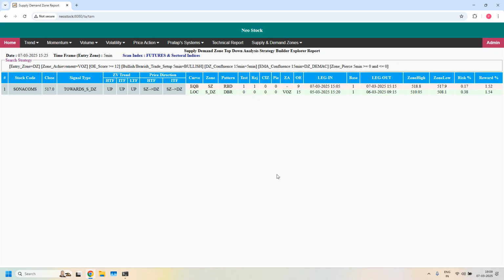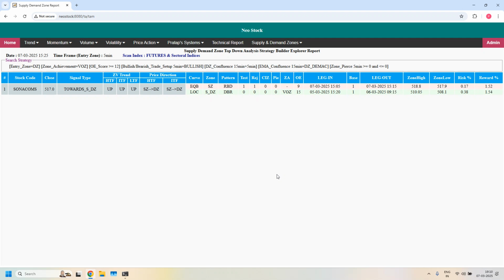So one stock is having. So this 5 minutes demand zone might be having more probability to get the success. And moreover, it is a 5 minutes high liquidity demand zone. Okay, this is based on LTF, ITF demand zone confluence and ITF EMA confluence.